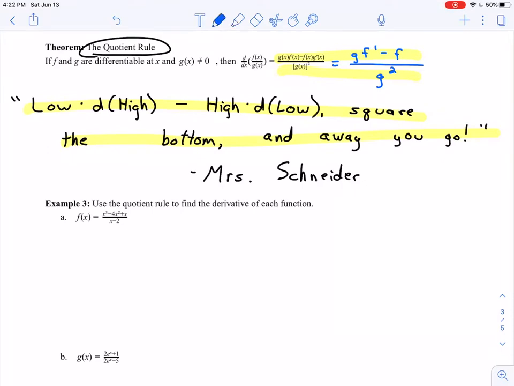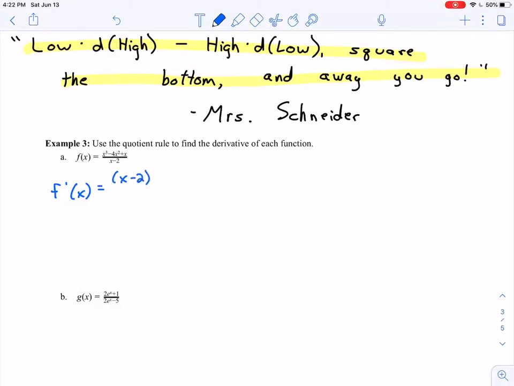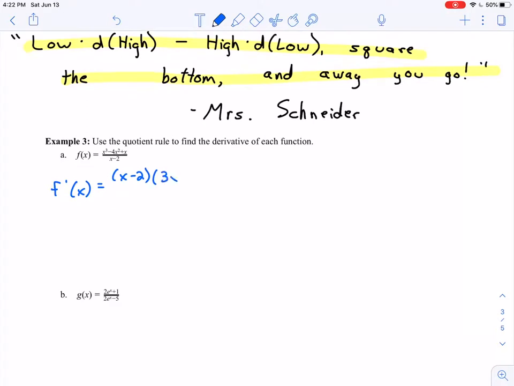ahead. So when I look at the quotient rule here, this part right here is my low, this is my high. So f prime of x, the derivative, says low, so that's going to be x minus 2. D high, derivative of my numerator, so that is 3x squared minus 8x plus 1.